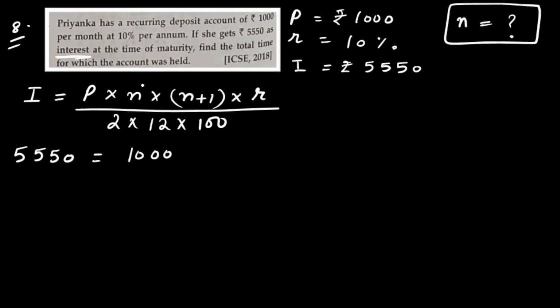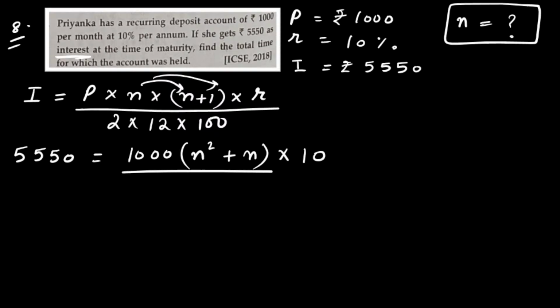N we don't know, and when we multiply these two, we'll get n square. n into n is n square, n into 1 is n, into R. R is 10. Because addition is there, we have to write it in a bracket. Most students make a mistake here and don't write the bracket. So write the bracket because addition is there. First of all, we have to multiply everything, then only we can open the bracket.